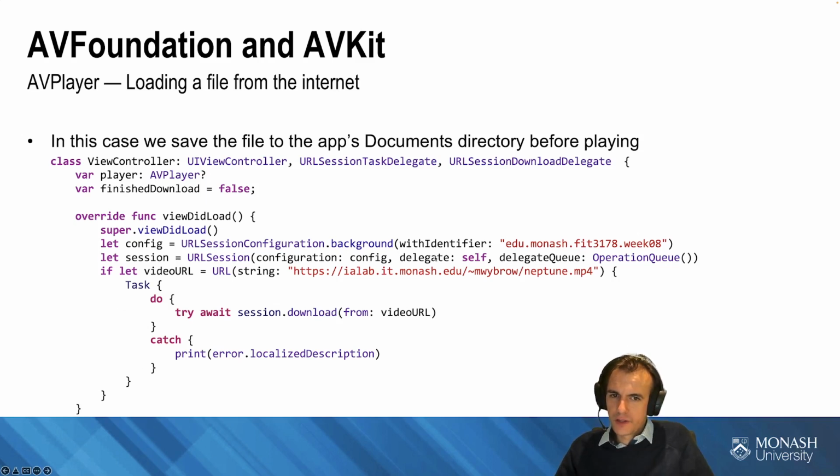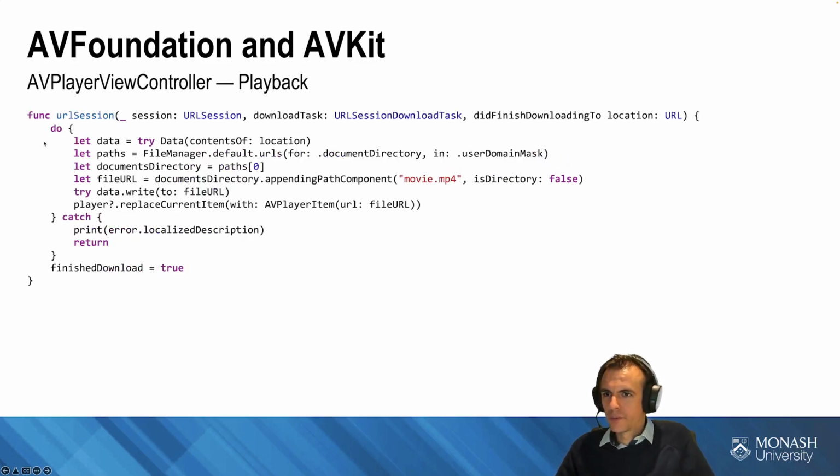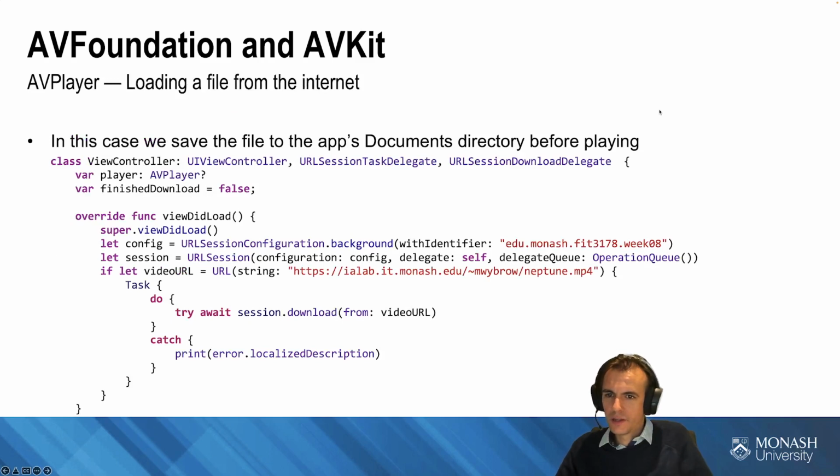But because we've got this delegate relationship, which is ourself, and we've got URL session task delegate and URL session download delegate, we can write our own delegate method, which is this one, URL session download task did finish downloading to, and we get a URL where it downloaded to. Now this URL, incidentally, if you wanted to write this all just as async code without the delegate, this download method, if you look at the documentation, returns a tuple of two things.